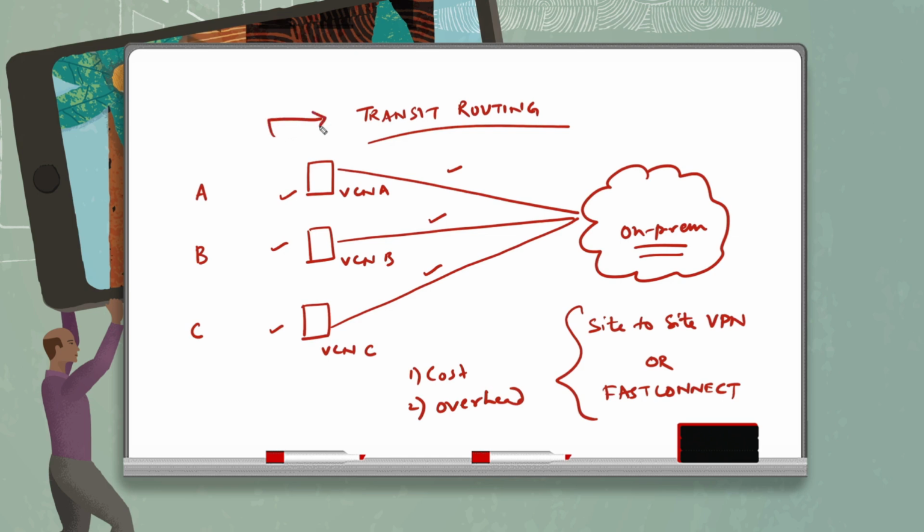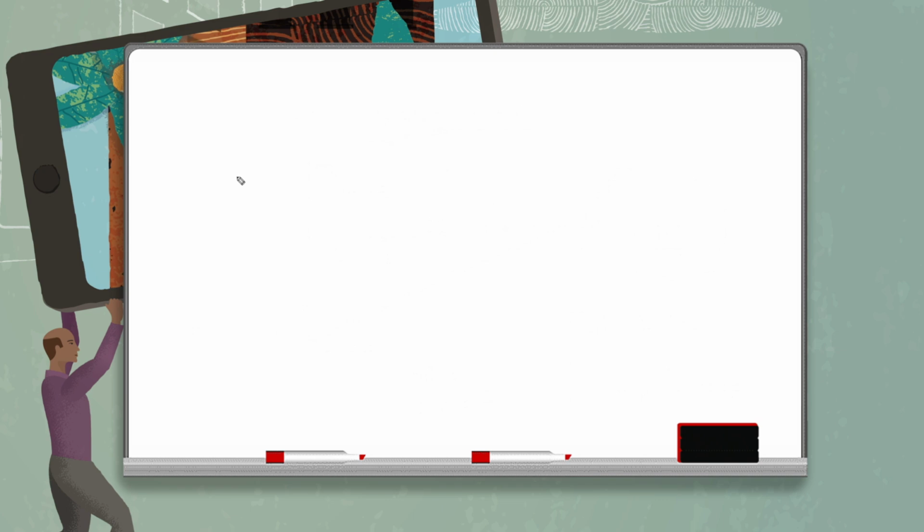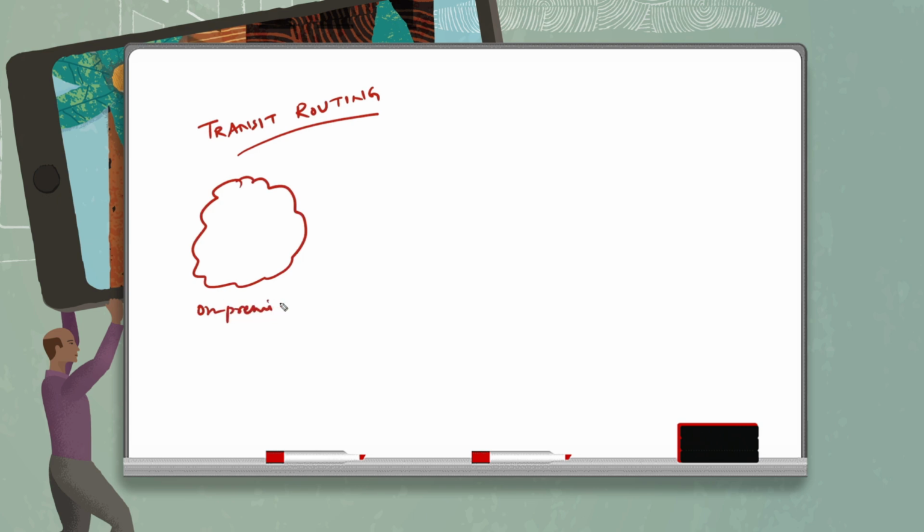Let's look at what happens in transit routing. In case of transit routing, you have this on-premises environment, and in the on-premises environment there is going to be a customer premises equipment or CPE. Then we are going to have a concept of a hub VCN.